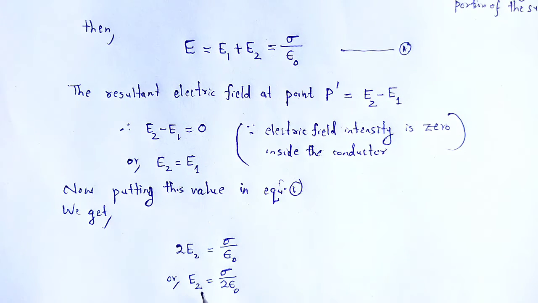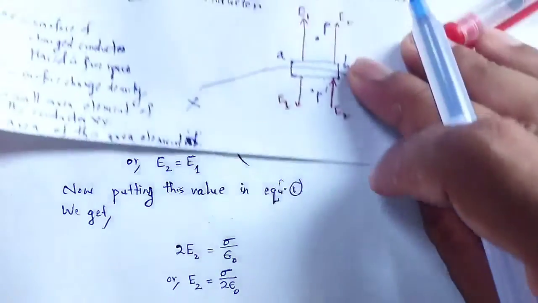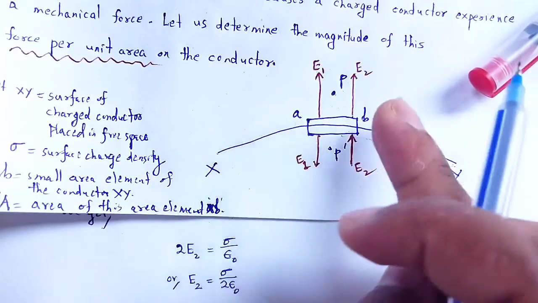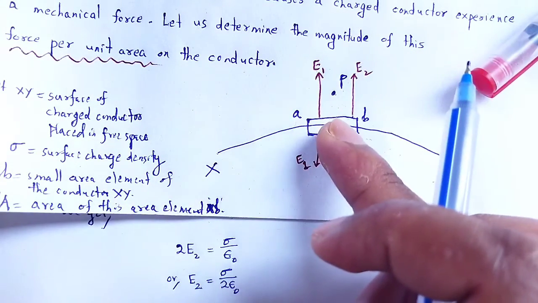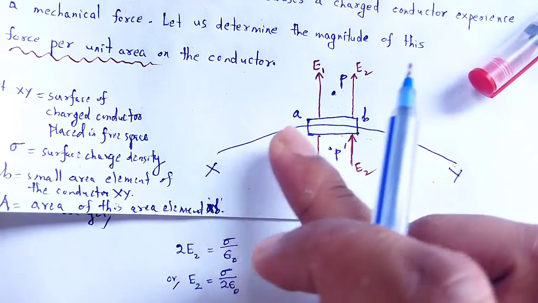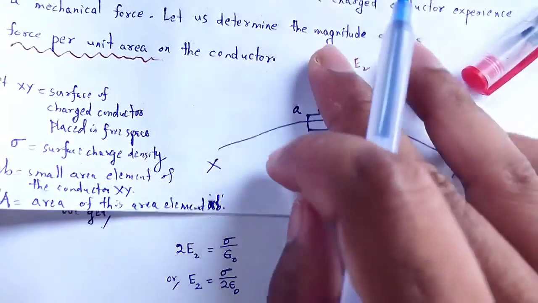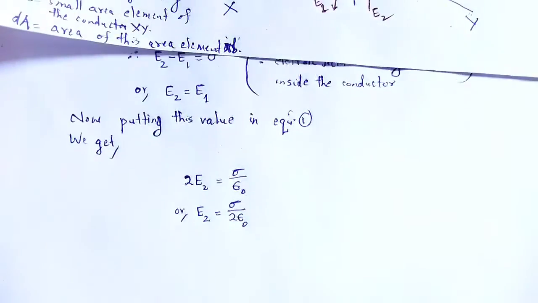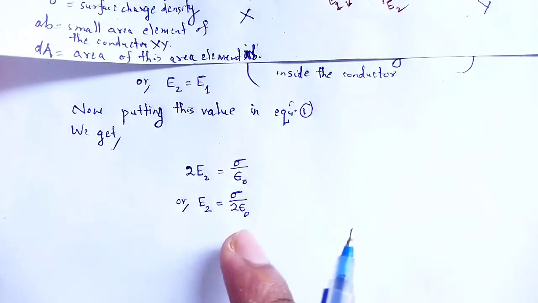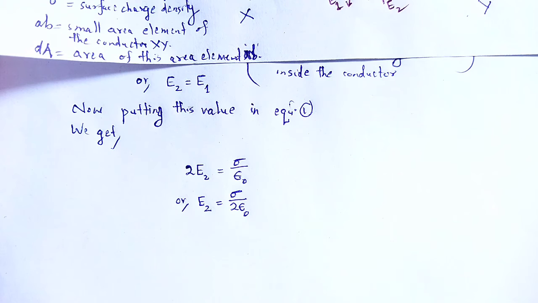Here, what is E2? E2 is the electric field intensity on the line element AB due to the charge on the remaining portion of the surface. Here E2 is equal to sigma by 2 epsilon naught.